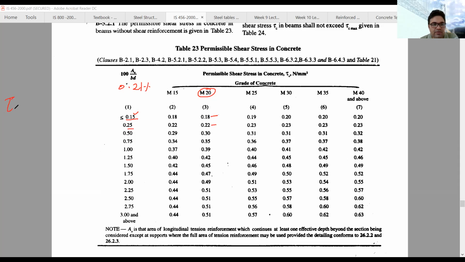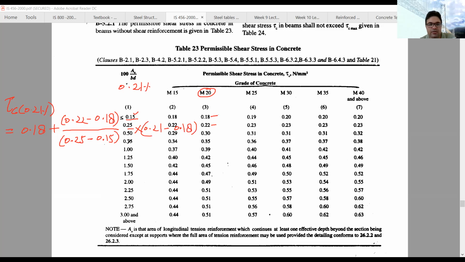So the tau c value for 0.21% we can easily find as 0.18 plus the difference between these two, which is 0.22 minus 0.18, upon the difference between these two, which is 0.25 minus 0.15, multiplied by 0.21 minus 0.15.